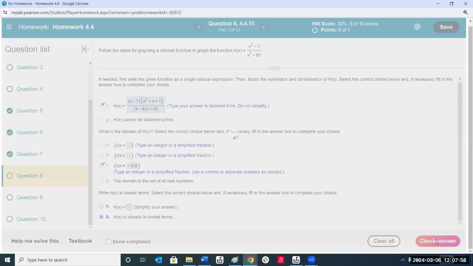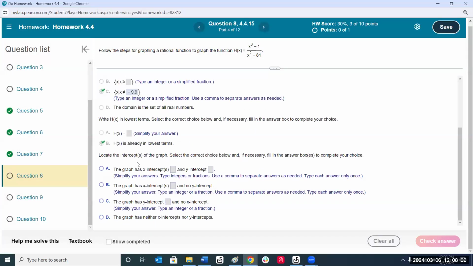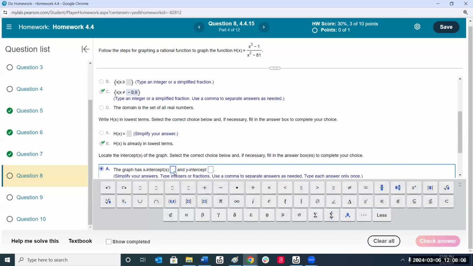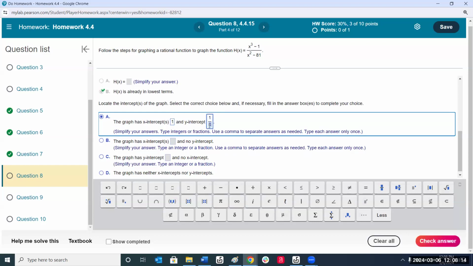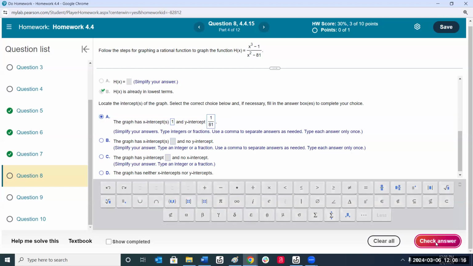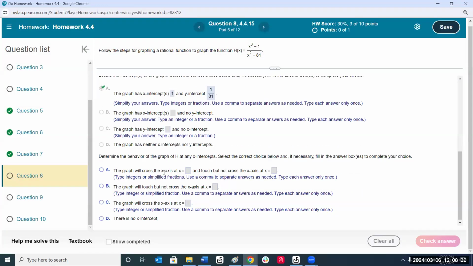Can't go any further. Locate the x-intercepts. The x-intercept is at 1, and the y-intercept is at 1/81. Determine the behavior of h.